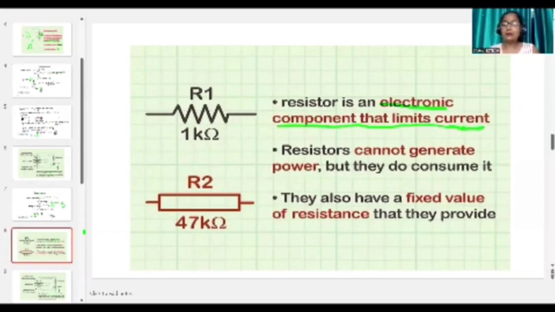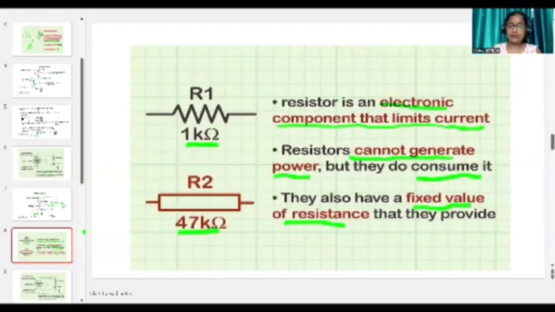That means it tries to stop the flow of current. Okay. They cannot generate power. But what do they do? They consume power. Okay. They also have a fixed value of resistance that they can provide. Example, here you can see 1 kilo ohm. Here 47 kilo ohm. Okay.